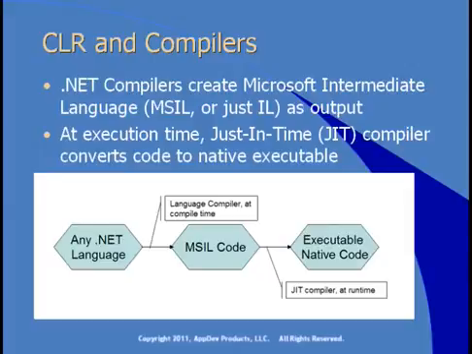If we start with any .NET language, the language compiler at compile time creates MSIL code, as you see in the middle of the diagram. Then at runtime, there's a just-in-time compiler, often called a JIT compiler, that creates executable native code from that MSIL. You might think this is a drawback, but it actually adds some extra benefits.